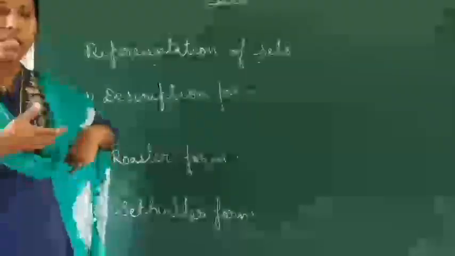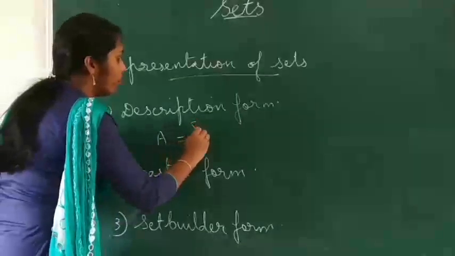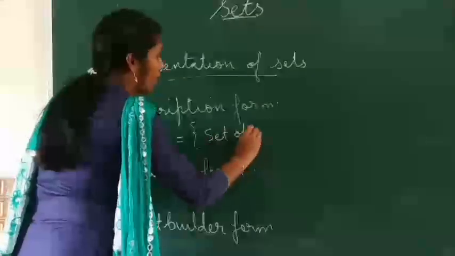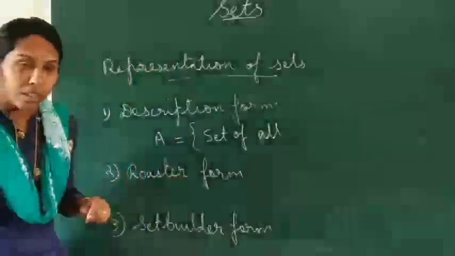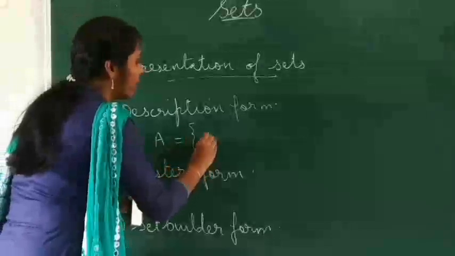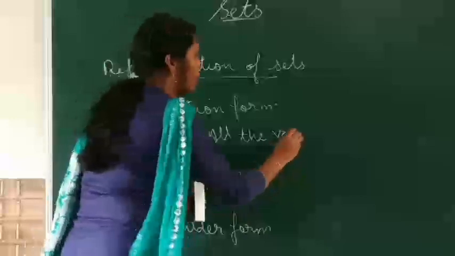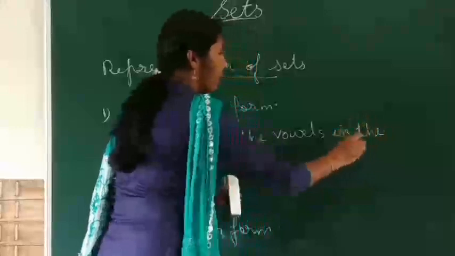First of all, description form. In the description form, we just say the property of all the members of the set inside the curly brackets. We can say that A is equal to {all the vowels in the English alphabet}.